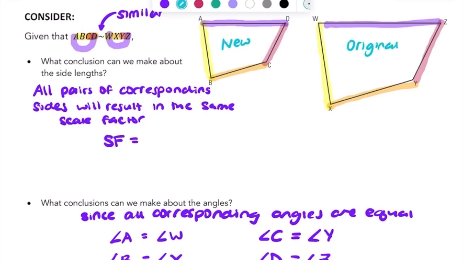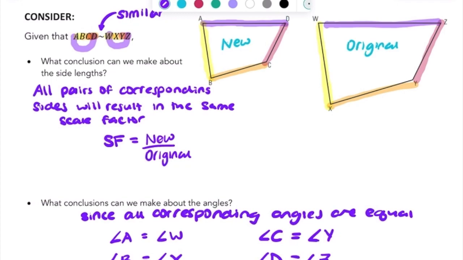Now, it doesn't actually matter which one I deem as which, but I just need to make sure I label it so that I can have my scale factor be consistent based off those labels. So scale factor is new over original. And I know there's no numbers here, but I'm not going to use numbers because I don't have them. I'm going to use the names of those side lengths.